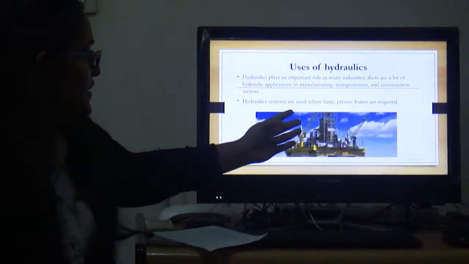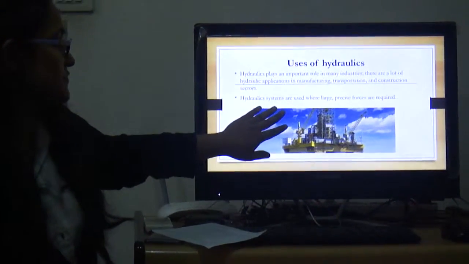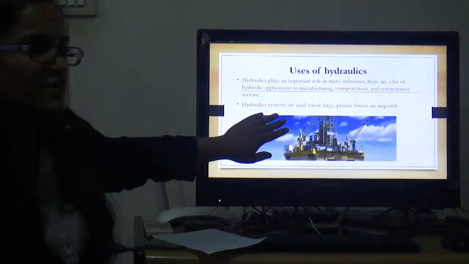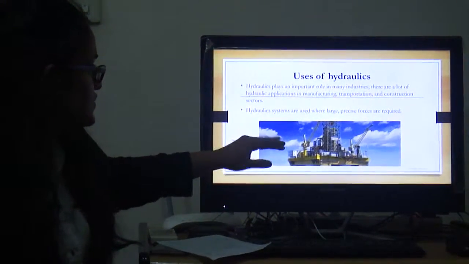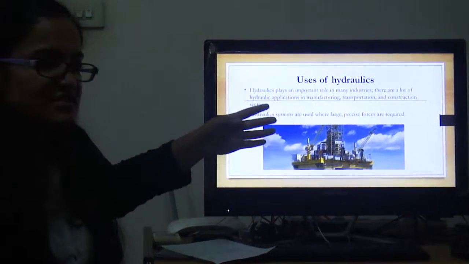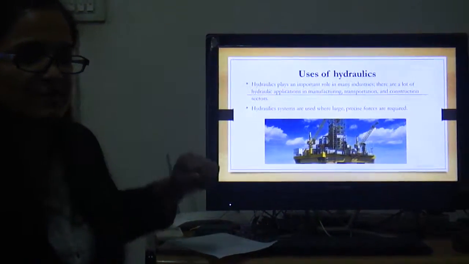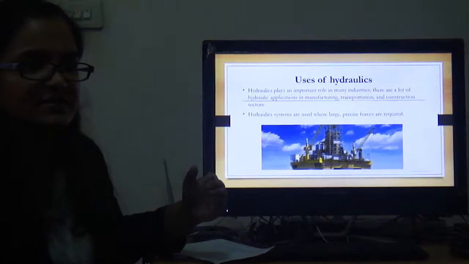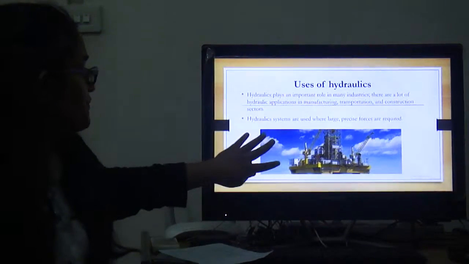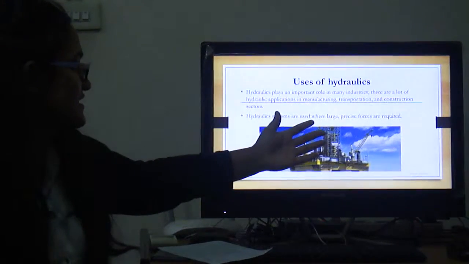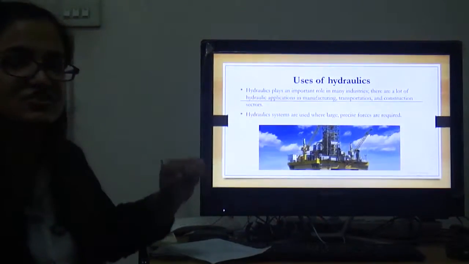So like I said, hydraulics does play an important role in many industries because we deal with oil, and so hydraulic function is generally higher than pneumatic function, but pneumatics is proven to be the future of engineering. Hydraulic applications, like I said, are in manufacturing, transportation, and construction sites.